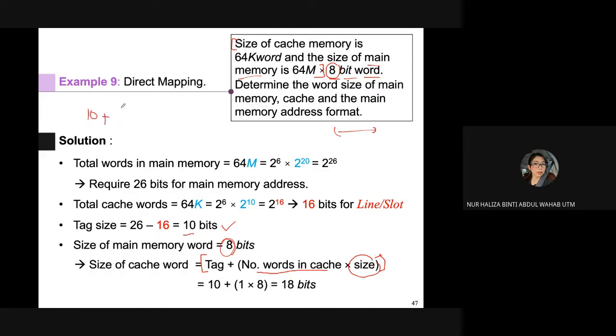And then you plus with your words. Words, what is the words value? Number of words in cache. So in cache it doesn't tell the memory of the cache, so you're going to assume it as 1. This one is a main memory, memory 8. So cache is 1 only. You multiply with the word size of your main memory. So you will be getting the 18 bits. That is the cache word.